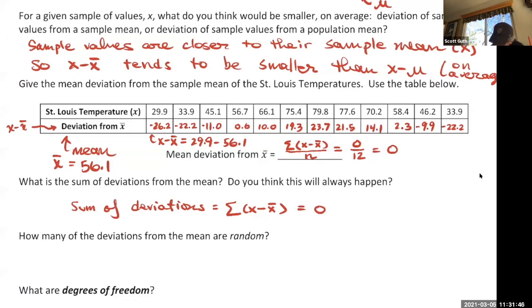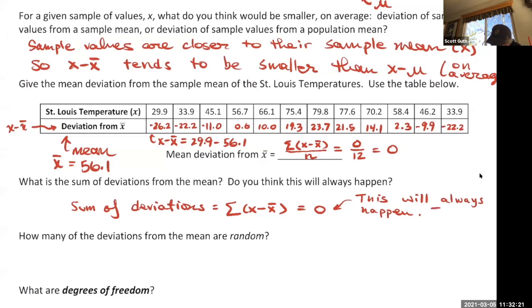Okay. This will always happen. The mean's in the middle of the data set, and it's a balancing point. So it perfectly balances the negative deviations on the left with the positive deviations on the right. So they have to add up to 0. Okay.